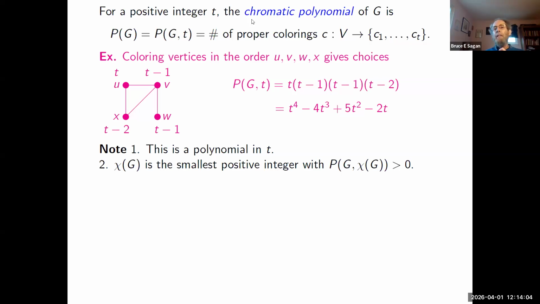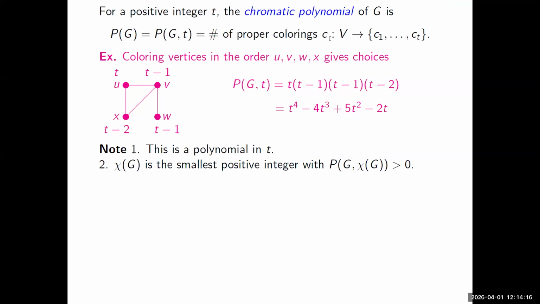Because if it's the number of proper colorings with this set, if T is zero, this set is empty. So you can't have any function, there's no range. I meant if you follow the argument that you did for T colors, then if we choose T more than one or less than three, then we will get at some point zero times zero, so it will be a root.